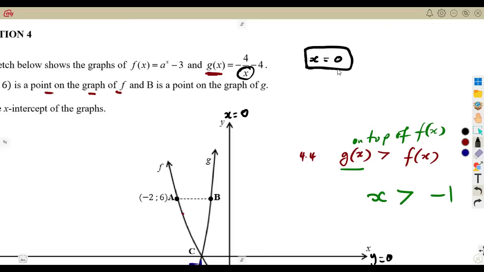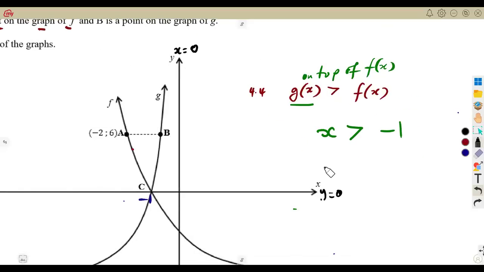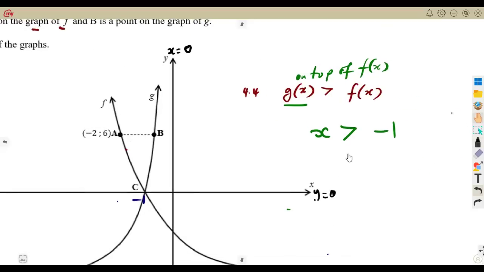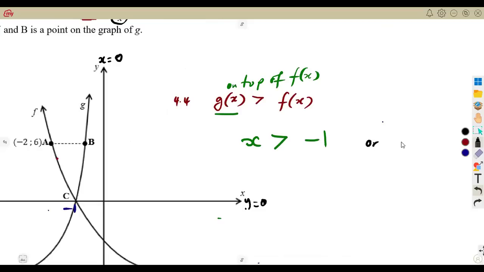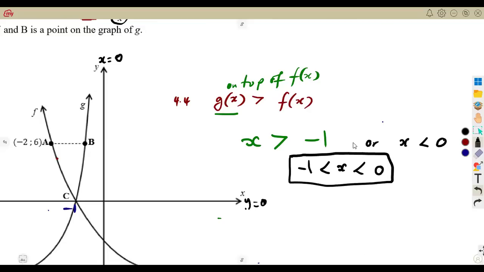So if we consider x, which is 0 there, meaning to say our graph is now limited between -1 and 0, because it is not supposed to reach the 0. So how can we write this in a simpler way, guys? We can just write it as x is greater than -1 but less than 0.